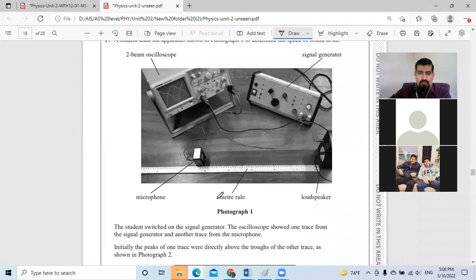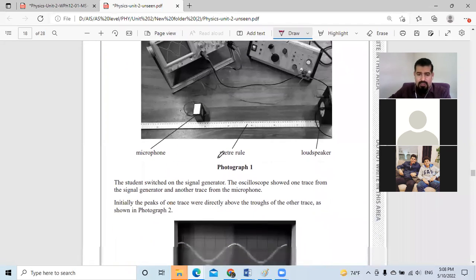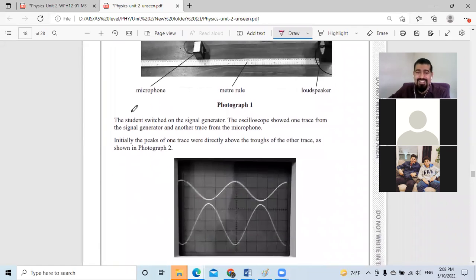Now, when they give you these few lines in the Edexcel, the Pearson system, they assume that you understand everything about this topic and this information. You are now an expert of how we can measure the speed of sound. The student switches on the signal generator.